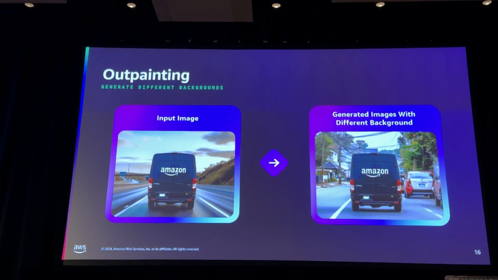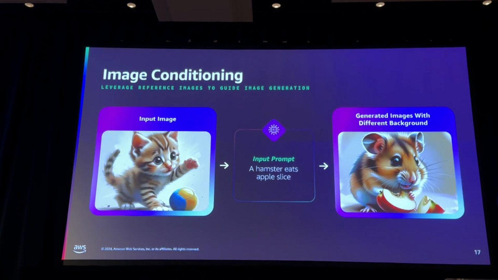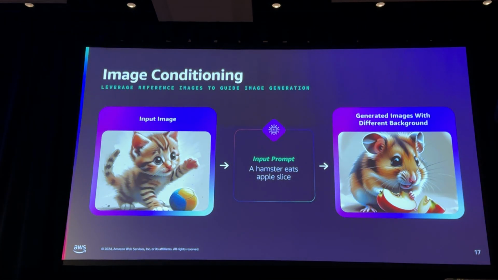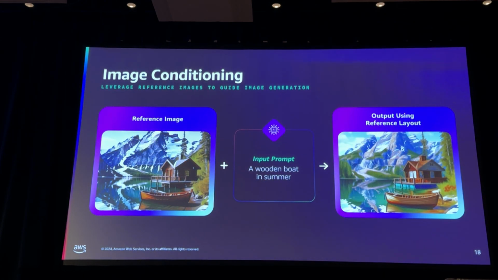You can do that, as I said, either by providing a mask or automated editing, where we identify what object you are trying to refer to. Image conditioning, where you can provide a reference image with an input prompt to guide your final output generation. Another example of a reference image.